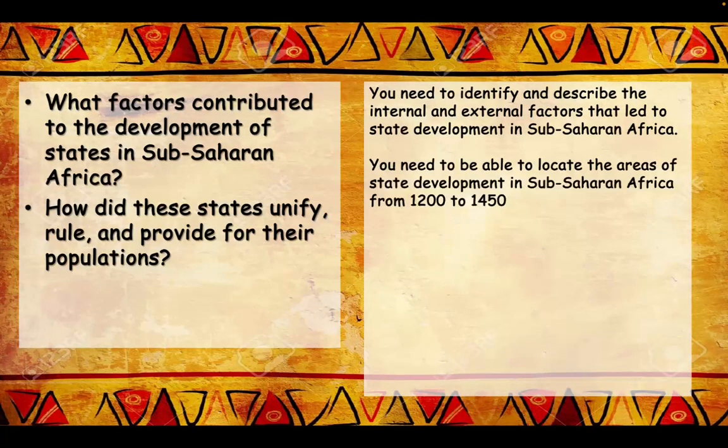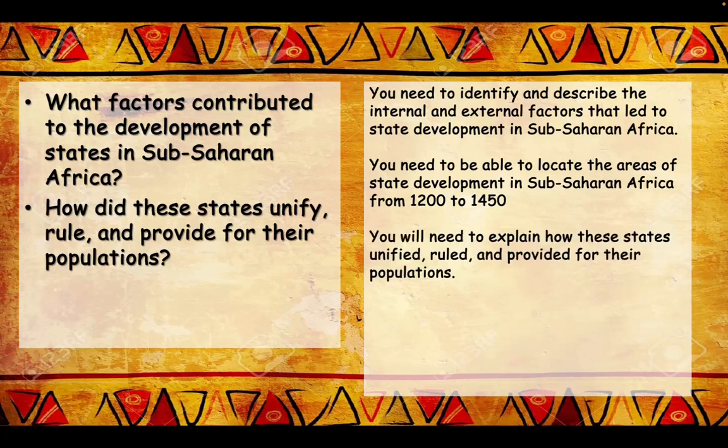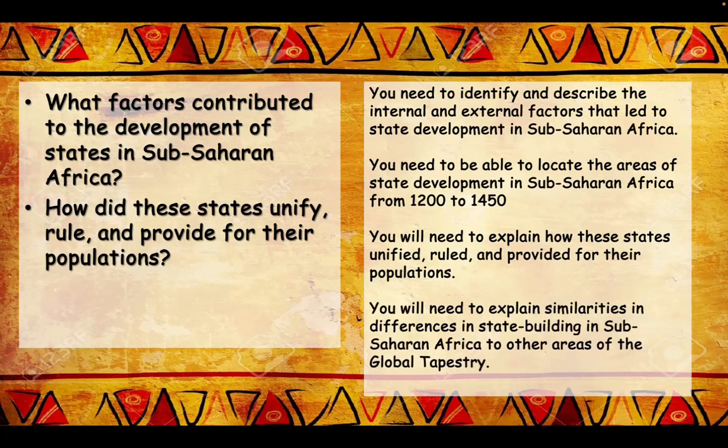You're going to have to locate the two areas of state development and explain why they were there. You're going to have to explain how these states unified, ruled, and provided for their population. And then you need to look at the bigger picture and explain similarities and differences between state building in sub-Saharan Africa and other areas of the global tapestry.